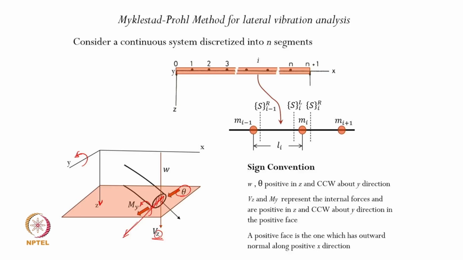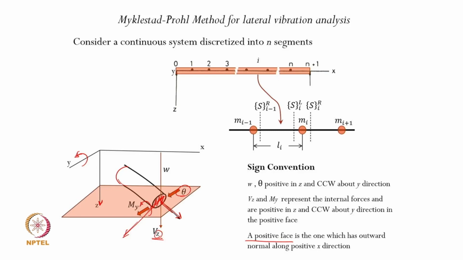Okay, and how do we define a positive face? A positive face is the one which has outward normal along positive x axis. Now the outward normal of this end face of this segment, as I mentioned, is in the positive direction of x axis, and therefore we use these conventions to represent the extreme right side of the segment.